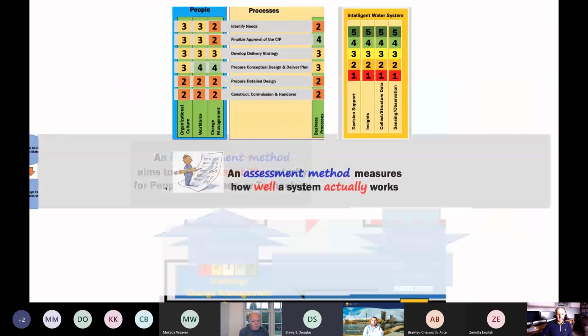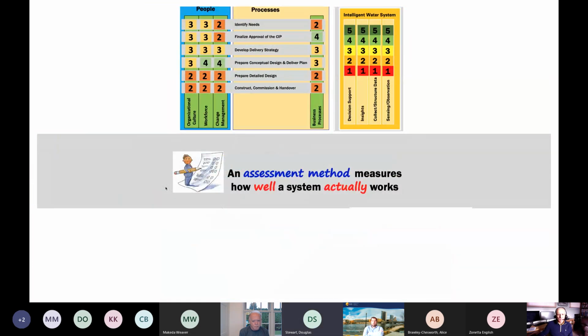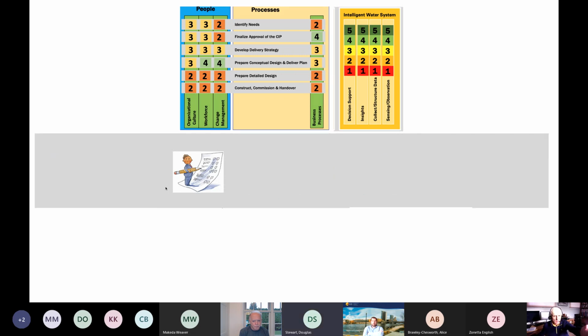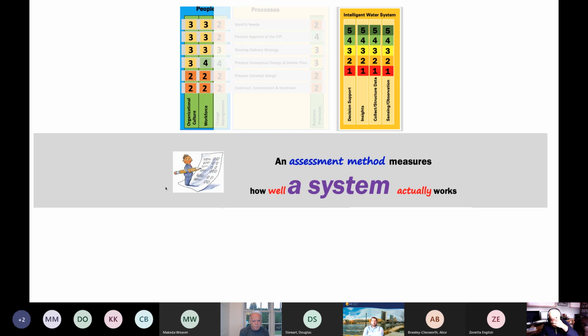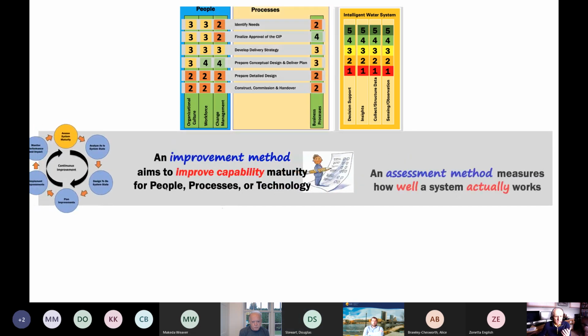The assessment methods will be used to see where we are with the people side, with processes, and with the technology. The assessment method has to see how any system, whether it's workforce or intelligent water or the technology part, actually works. But for that, we have to have an understanding of it.